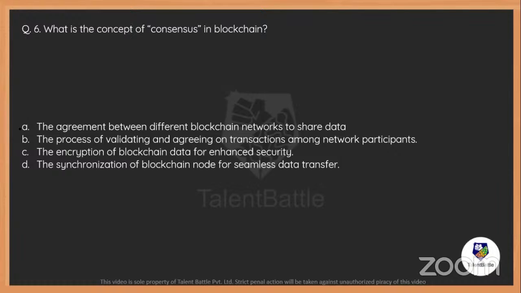Those are also part of blockchain technology, but they do not match the consensus mechanism, because consensus refers to the process where network participants come to an agreement on the validation and order of transactions. So the best answer is option B: the process of validating and agreeing on transactions among network participants.